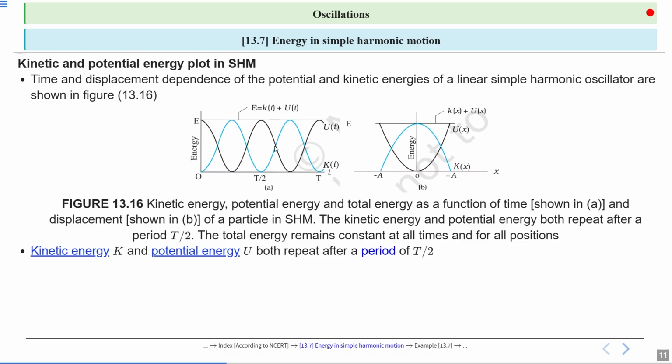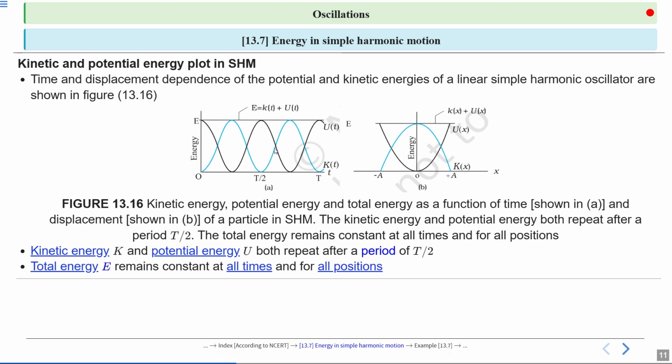This is because the object passes through the same position with the same speed twice in each full oscillation, once going one way and once coming back. So the total energy stays constant no matter where the object is or what time it is. This is a key idea in physics called conservation of energy.